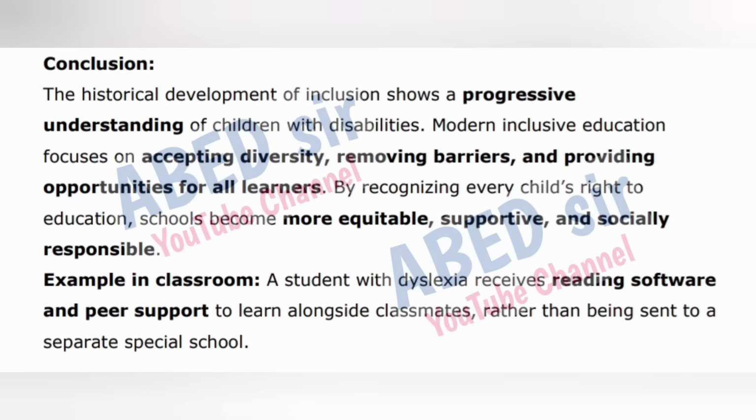The historical development of inclusion shows a progressive understanding of children with disabilities. Modern inclusive education focuses on accepting diversity, removing barriers, and providing opportunities for all learners. By recognizing every child's right to education, schools become more equitable, supportive, and socially responsible.